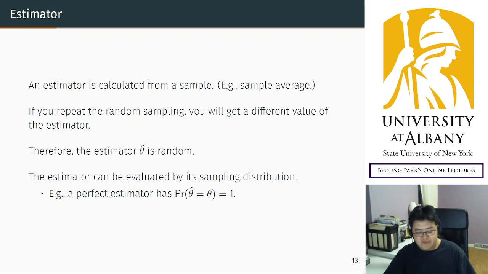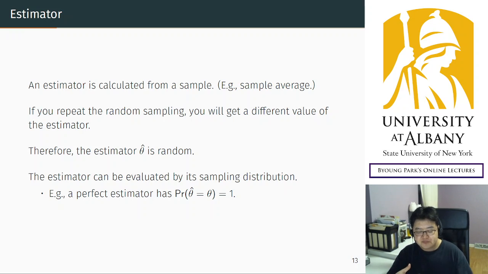So, the first thing you have to understand here is that an estimator is calculated from a sample, like sample average, sample probability, sample standard deviation, whatever you calculate from the sample. And we learned in the previous chapter that random sampling can be understood as one experiment.